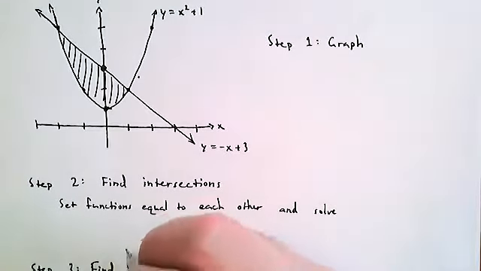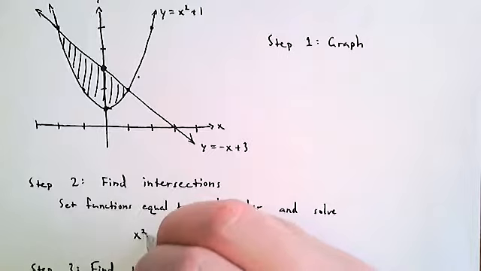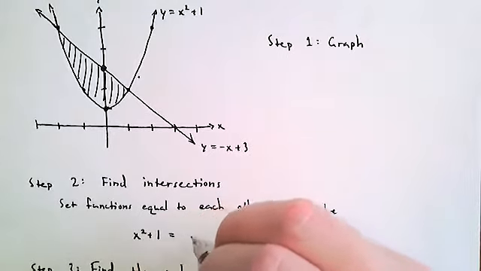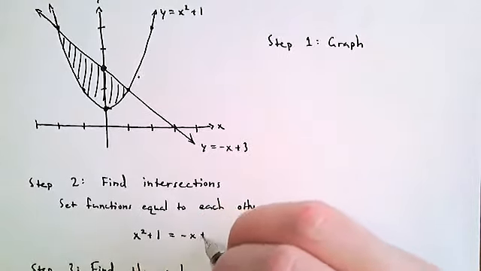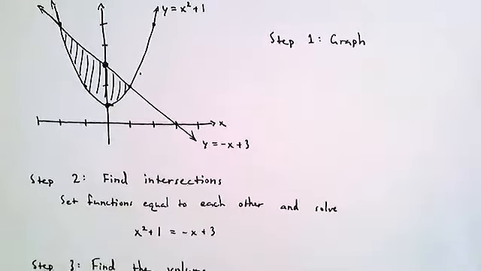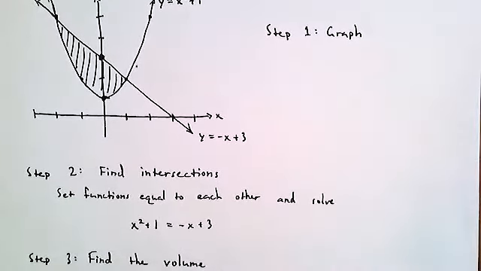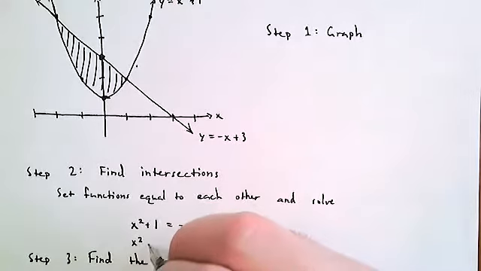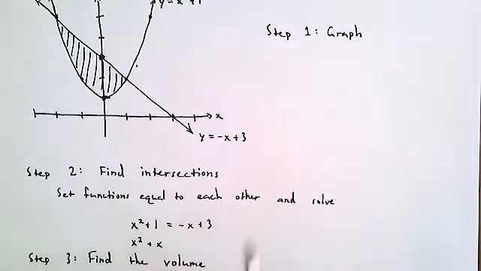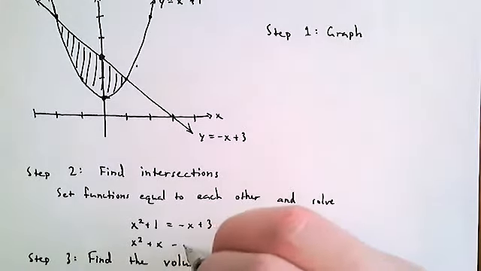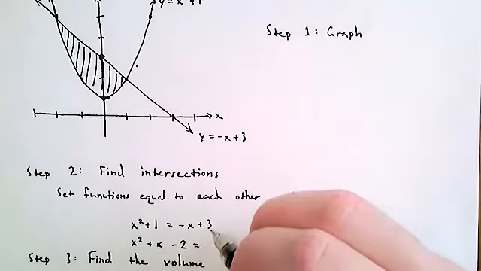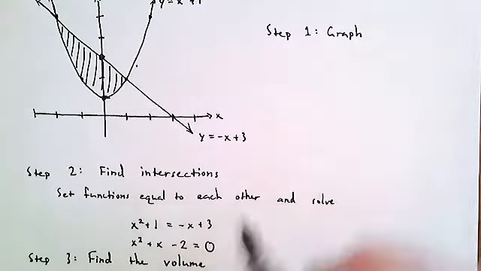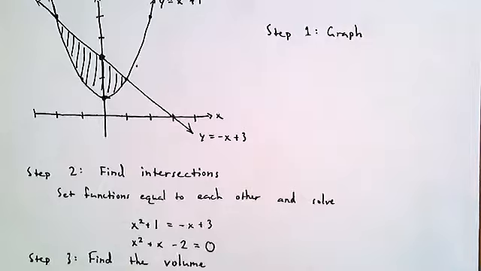So in this case, we would have x squared plus 1 equals minus x plus 3. So we can move everything to one side. Since this is a quadratic, we'll have to factor. So x squared plus x, and then we end up with a minus 2 when we subtract 3 from both sides.